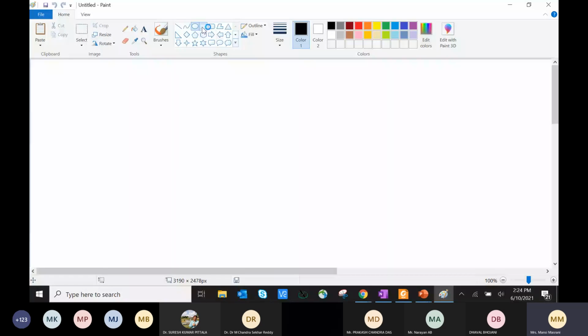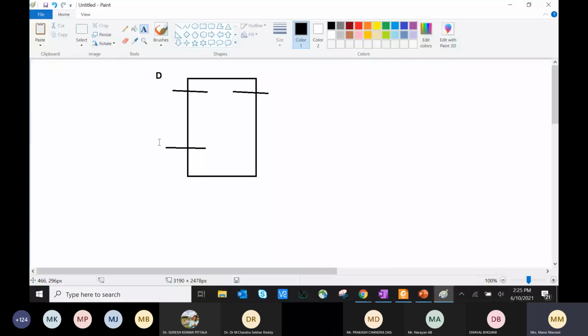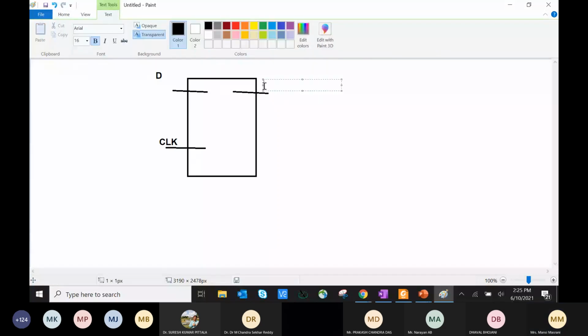This is my flop, this is my clock, this is my D pin, and this is my Q pin. Can a clock pin of a flop be a through pin? A through pin is where we tell the tool that after that pin also your clock should propagate. This is the Q pin. What comes out over here, the clock or the data? Can anybody tell me that?